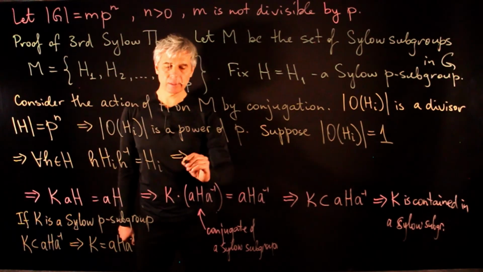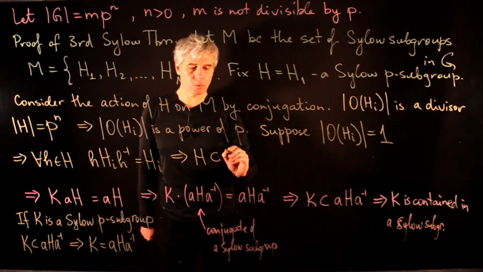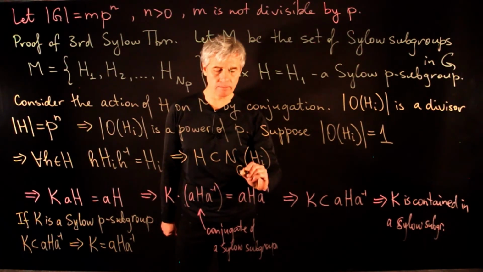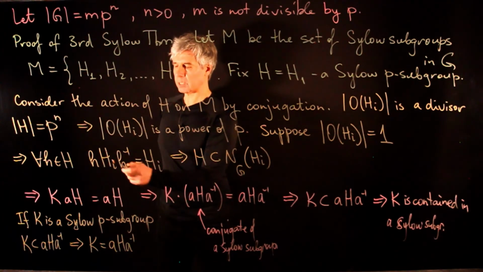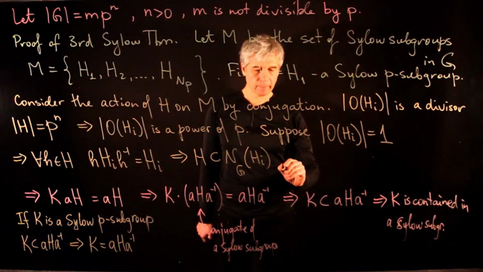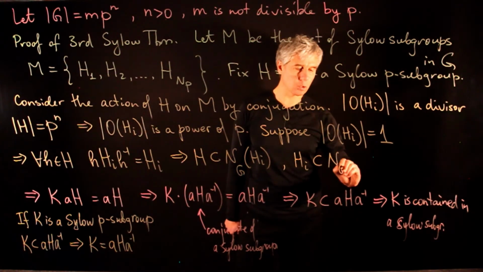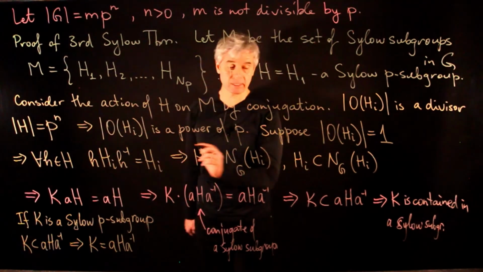But then this tells us that h belongs to the normalizer of Hi in G, where the normalizer is precisely the set of all elements with this property. But then Hi also is a subgroup in its own normalizer. So clearly Hi normalizes itself.